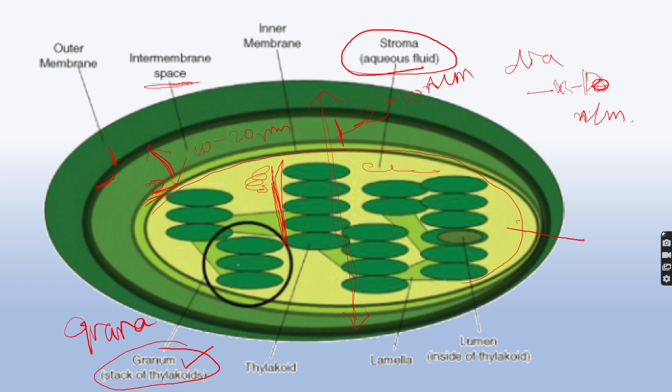Okay, each stack in the grana is called thylakoid. This single piece of the stack is called thylakoid, and these thylakoids are interconnected through a membrane-like structure called stroma lamella, and inside the thylakoid a space is there, that is called your lumen.